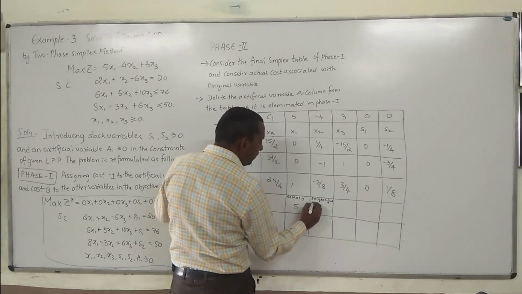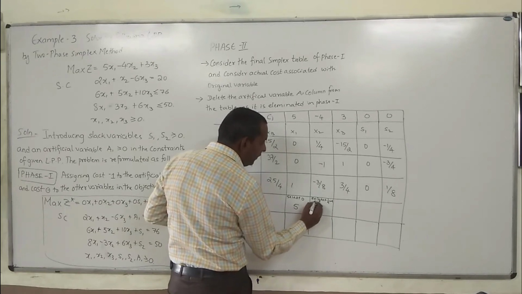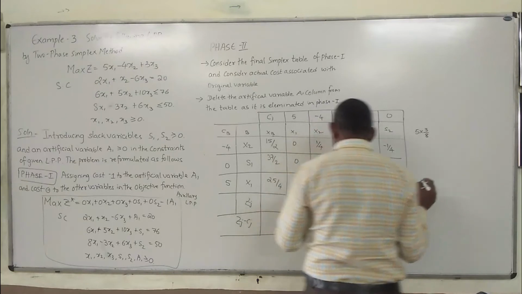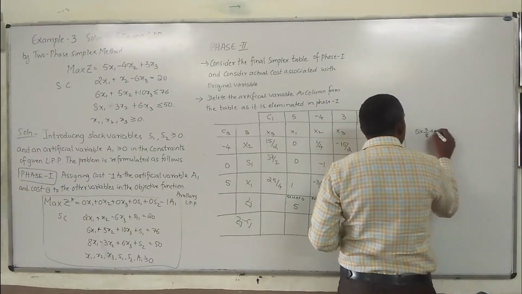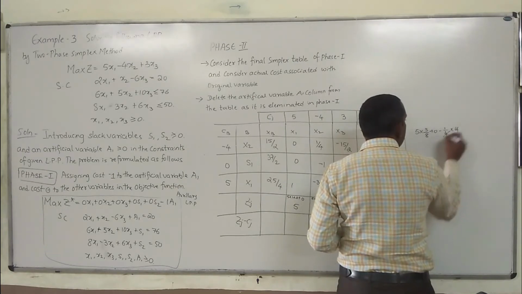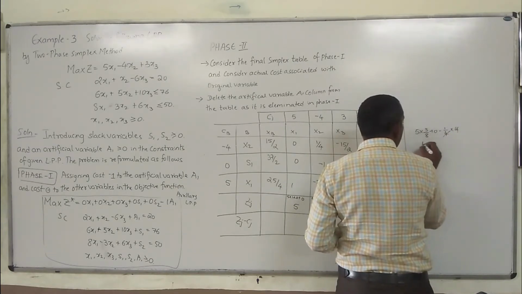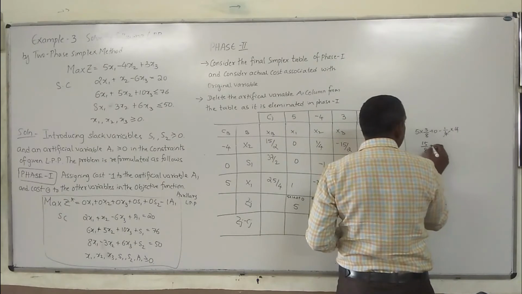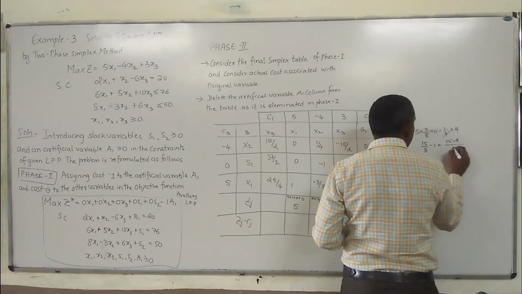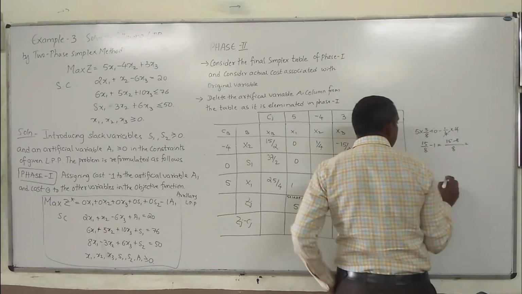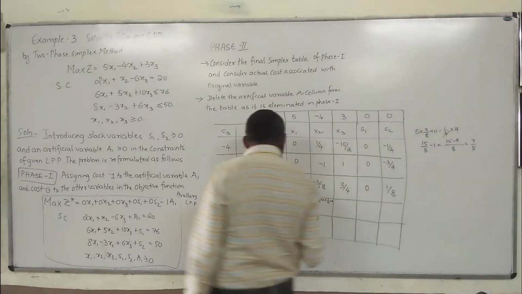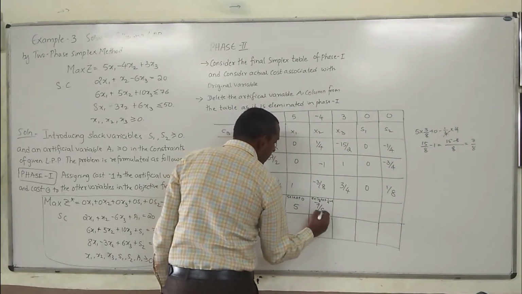So answer is how much? That is 5 into 3 by 8 plus 0, then it is minus 1 by 4 into 4. So this will get cancelled. That is 15 by 8 minus 1, that is 15 minus 8 divided by 8. Answer is 7 by 8. So let me write 7 by 8 here.